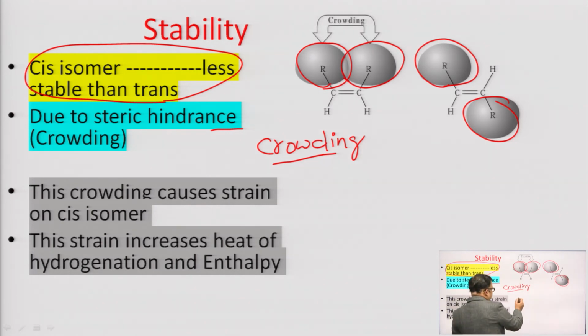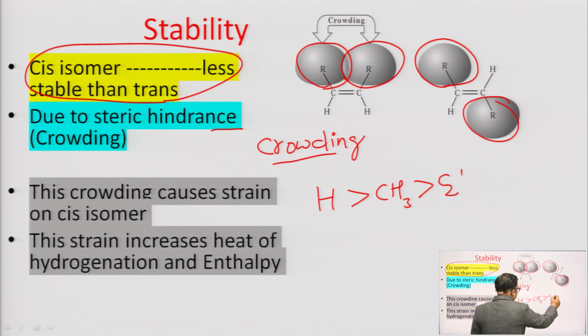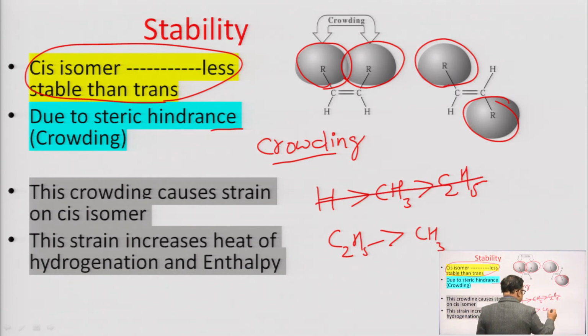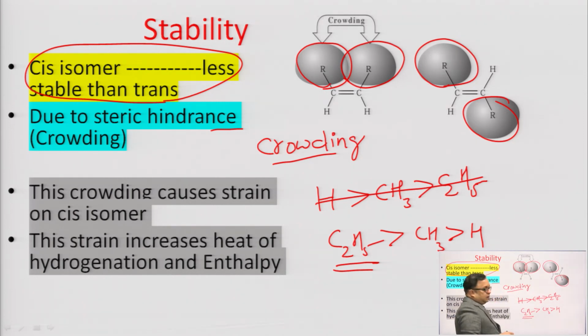Let us understand this with the example of hydrogen, methyl, ethyl. Which will possess more hindrance? That is ethyl, then methyl and hydrogen. As the size increases, it will produce more and more steric hindrance, and this crowding causes strain on the cis isomer.